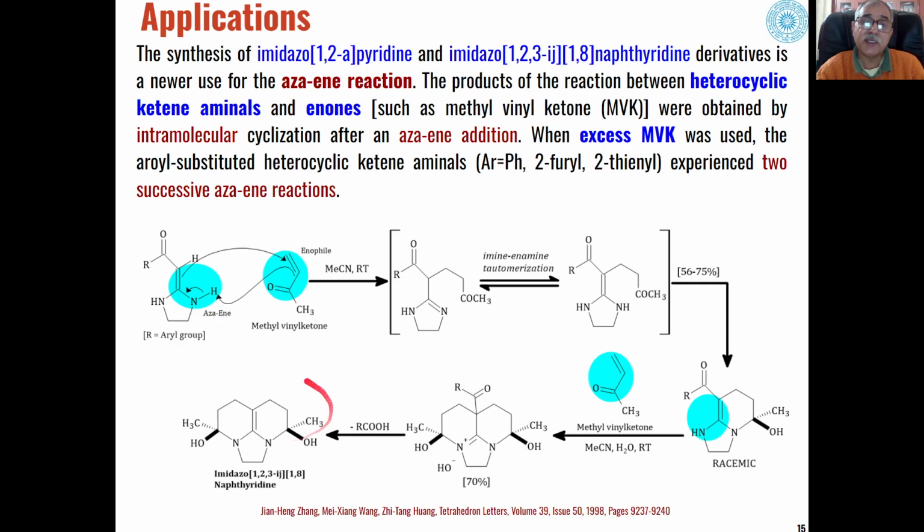So basically, the formation of these types of systems requires two successive aza-ene reactions. First is this one, second is this one. So there are two aza-ene reactions taking place to give us these types of products from heterocyclic ketene aminals on reaction with enones such as methyl vinyl ketone.